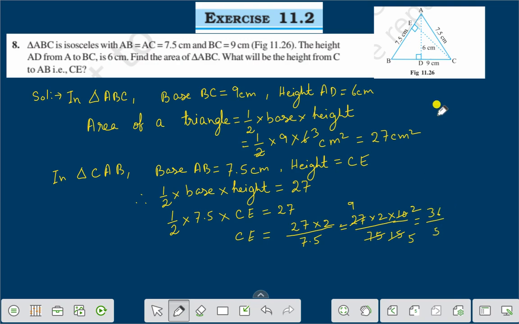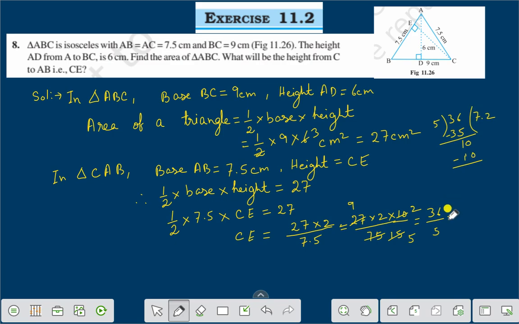If we divide 36 by 5, then we will get 7, since 5 sevens are 35. 36 minus 35 is equal to 1. If you write a decimal point, then it will be 10, and 5 twos are 10. That means we are getting 7.2.